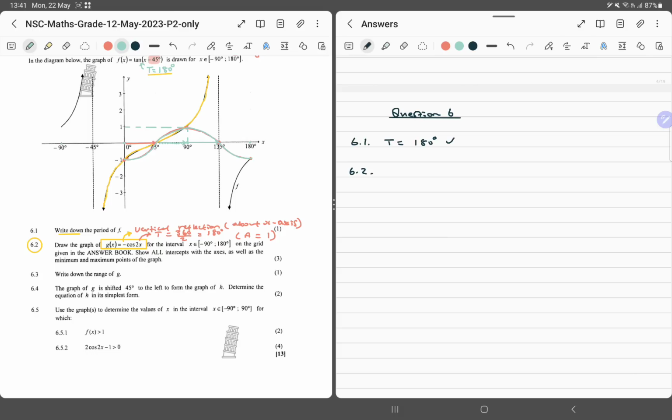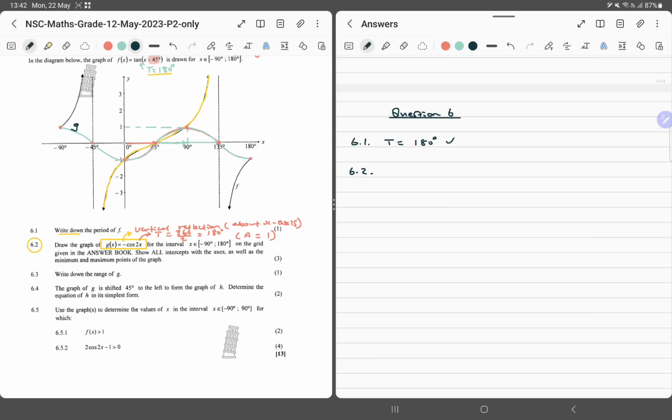And then, of course, you can already tell that because of symmetry, this thing is going to do the same thing here. All right, so these are the points. Now that's how this cosine graph would go. All we have to do is to label it that it is g of x. So somewhere you want to write that that is g. Of course, I just used my diagram there because I want the comparison to be nice.